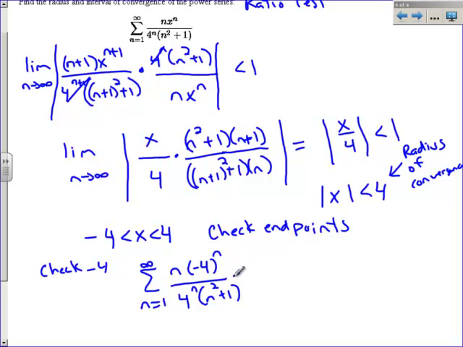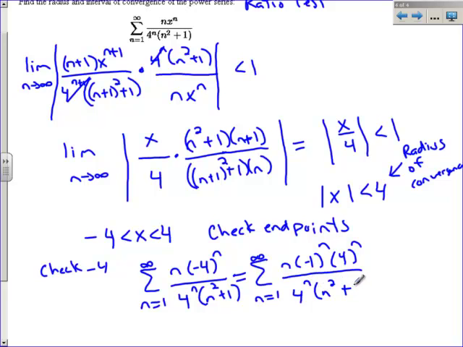Now this is the same thing as n times -1 to the n times 4 to the n, and then I've got the bottom 4 to the n times n squared plus 1. Now I can cancel my 4 to the n's, and I just have to take a look at the series. What do I have left over?